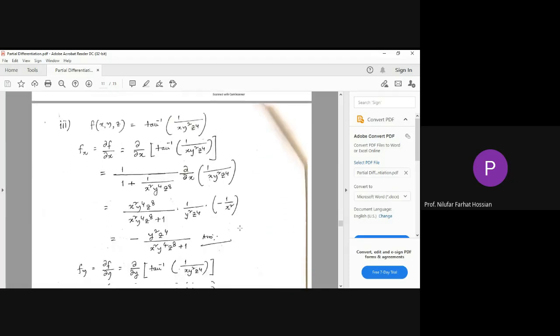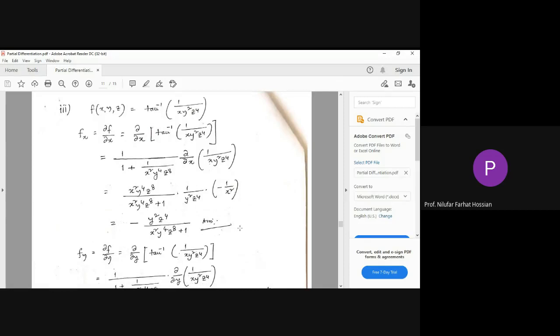Now, the third function is tan inverse 1 by x y square z to the power 4. There is only one function, but this function contains all the variables x, y, and z. So derivative of it with respect to x, it will be del x of what? Tan inverse this.